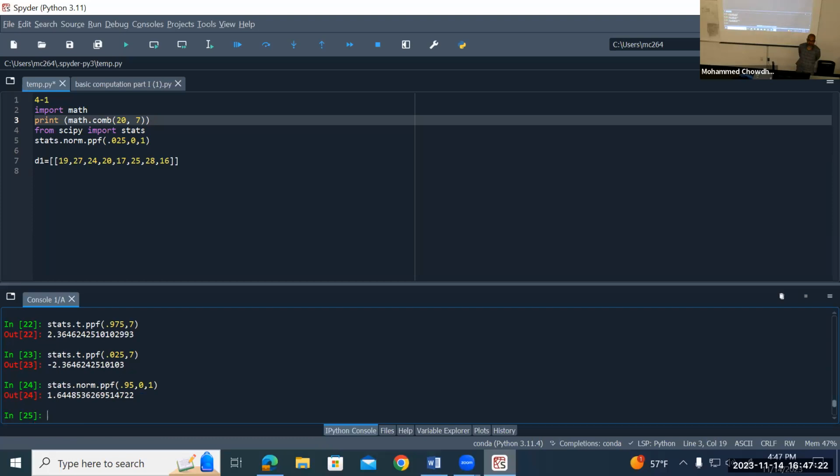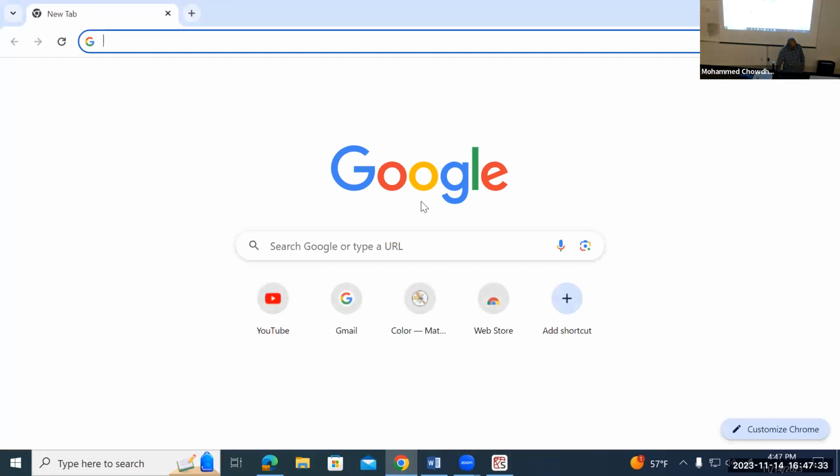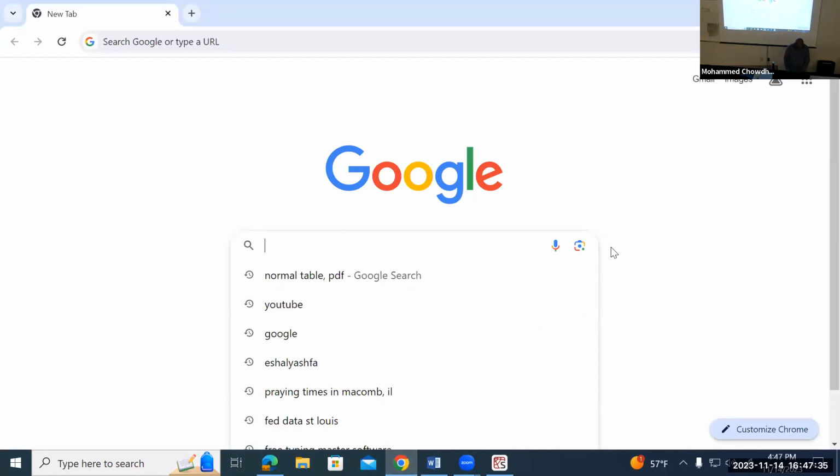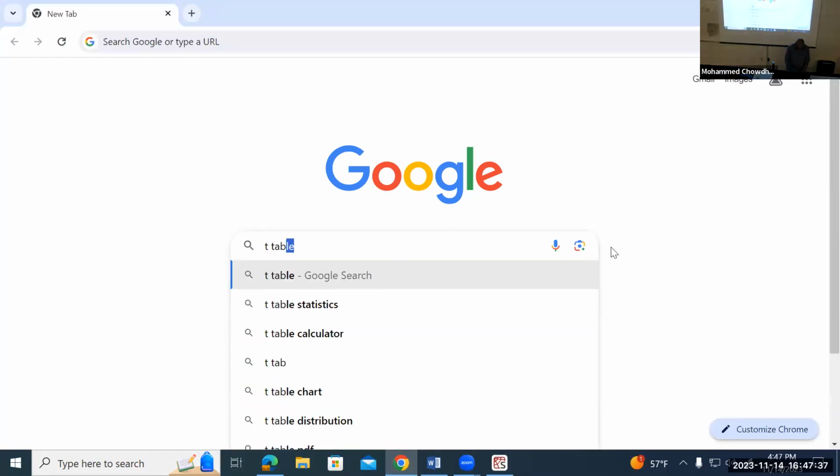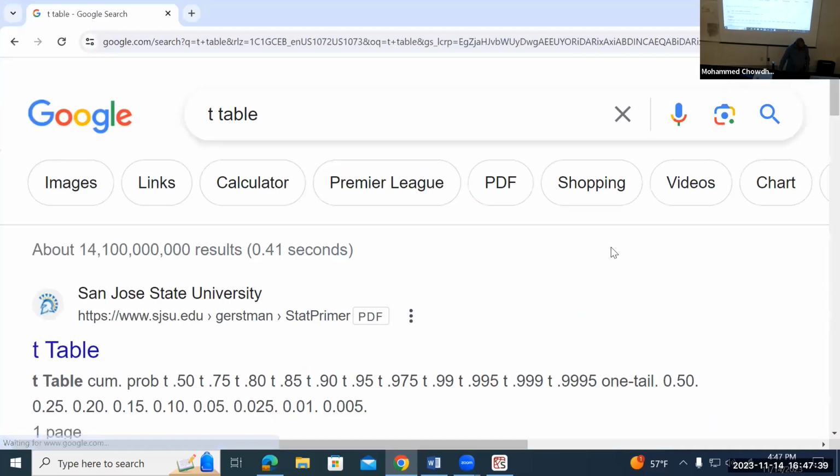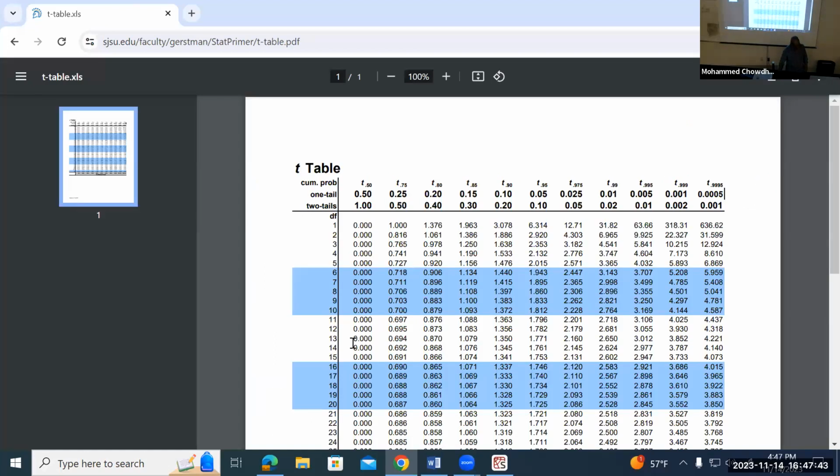Are you seeing? Your life is so easy now. When we were students, we were given this table. I showed you the normal table last time, and this is the T table. But you are using Python, right?